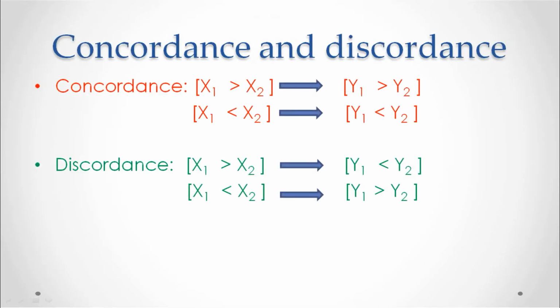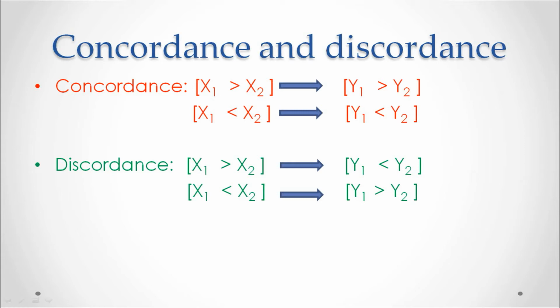To refresh your memory, concordance and discordance are defined as follows. We assume that we have two pairs of individuals and that the measurements on the two variables are given by x and y.